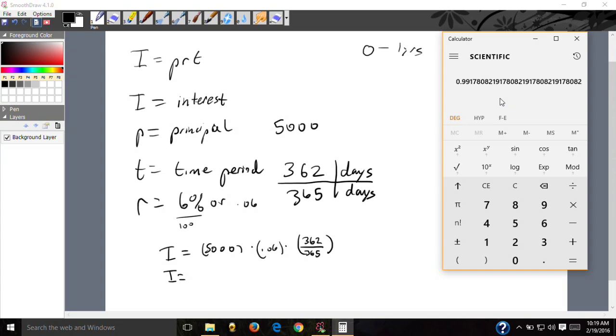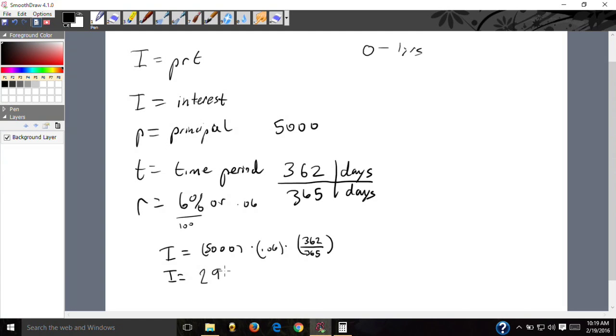Therefore, I can multiply now 0.06 and multiply 5,000. So my interest calculated on this loan is 297.53 rounded. Usually in your problems they'll want it to the nearest cent.